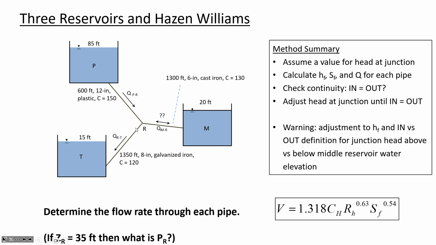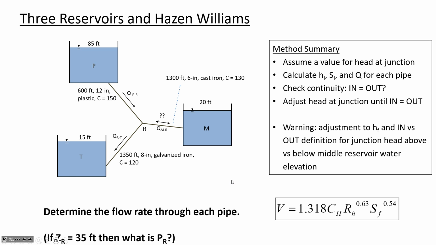But what if the head was 19 feet? This equation no longer applies if the head is 19, because now the water's going from M towards R. So now it would be that QPR plus QRM is equal to QRT.